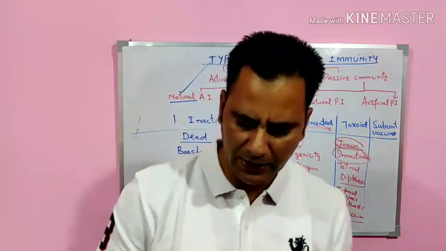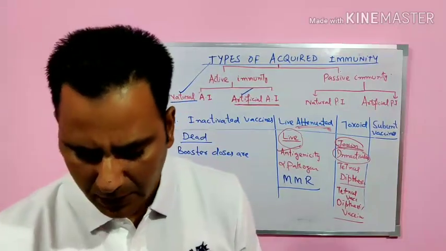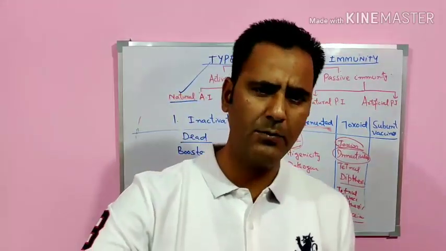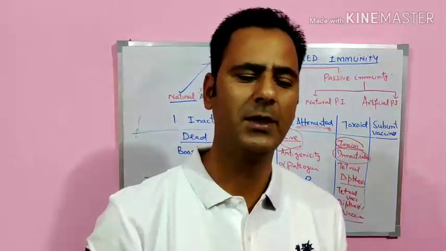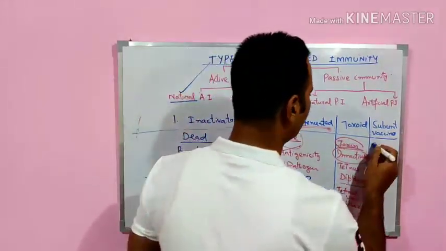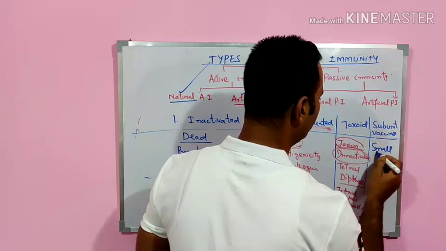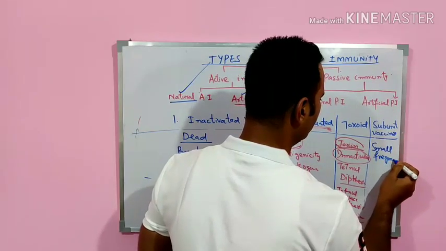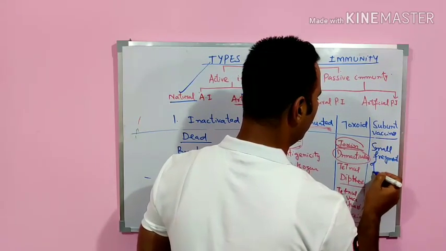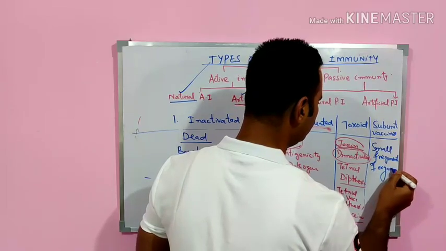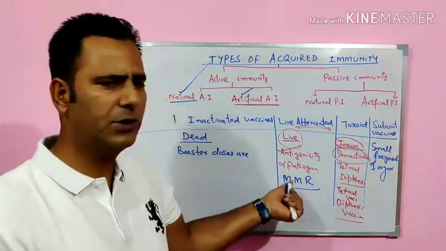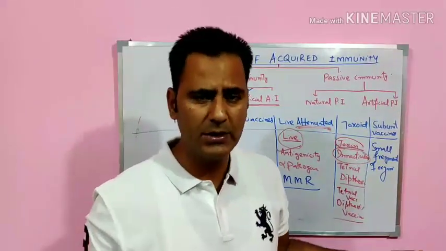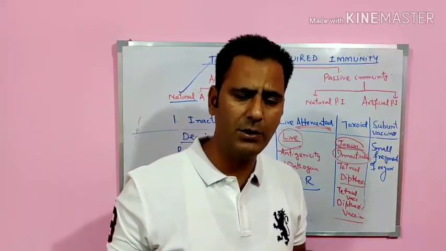Then we have one more category, the subunit vaccine. Subunit vaccines are composed of small fragments of an organism. In other vaccines we may be using a complete organism, or a toxin of a particular microbe.